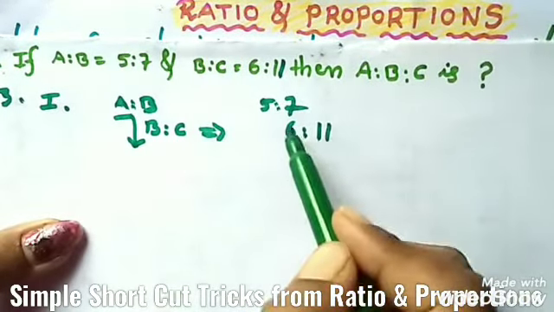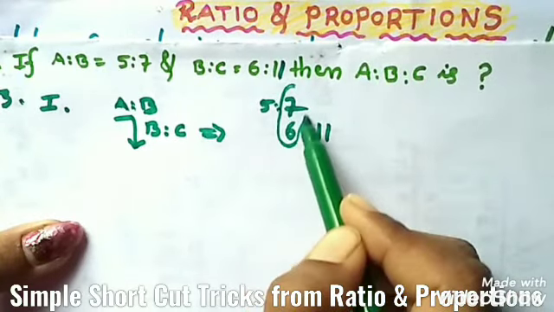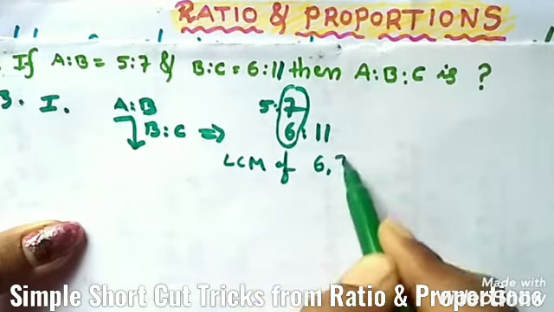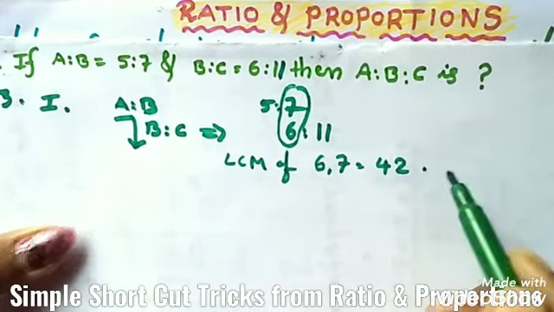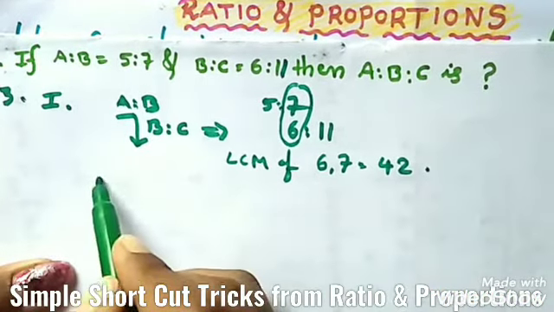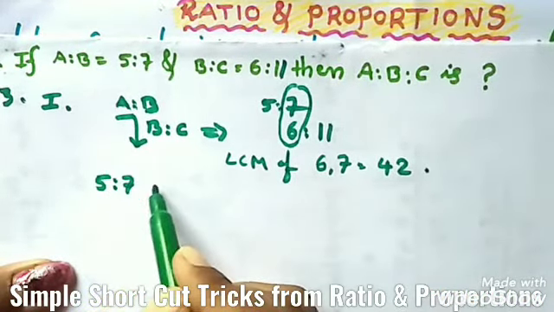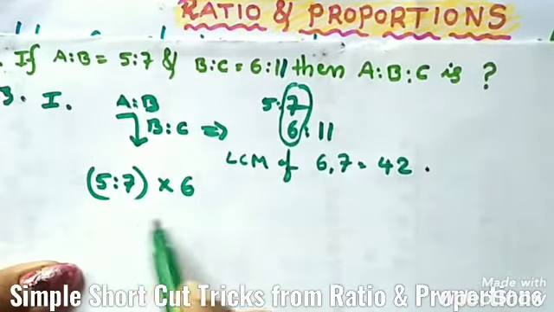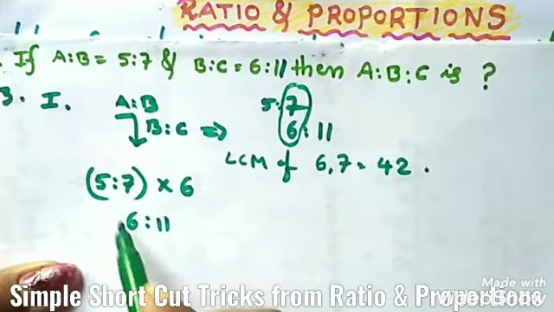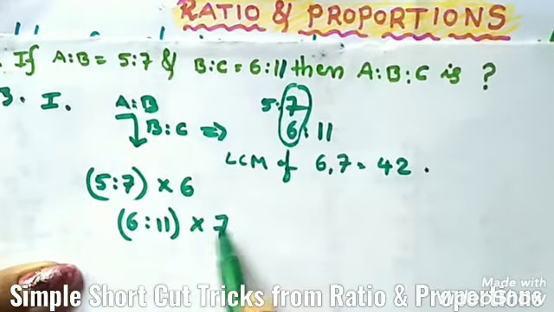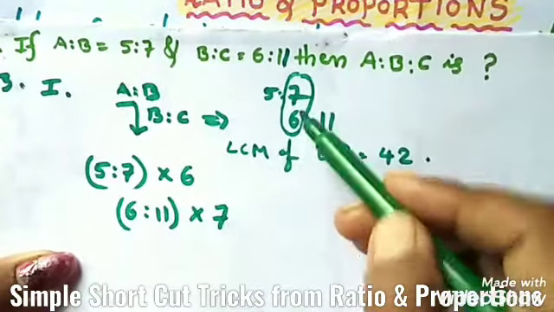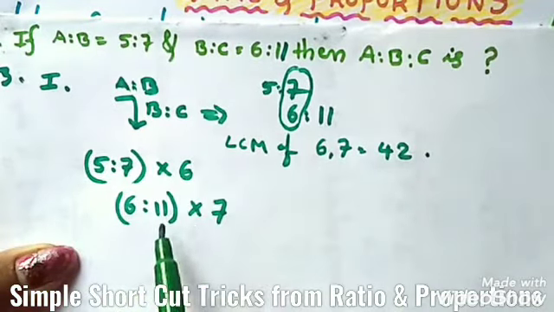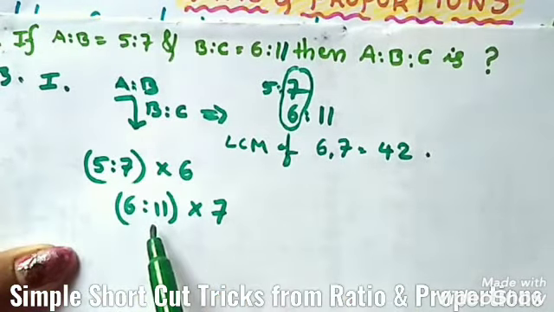Now LCM of the 6 and 7. You have to consider these two numbers. Now LCM of 6 and 7 is equal to 42. Now here is the simple multiplication. 5 is to 7 into 6, this number. Again here 6 is to 11 into 7. So you are considering these two numbers. So first of all you have to write here 5 is to 7, that is A is to B. Now second number B is to C, that is the ratio 6 is to 11.